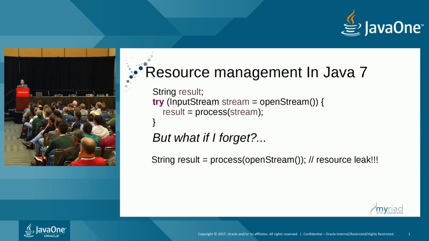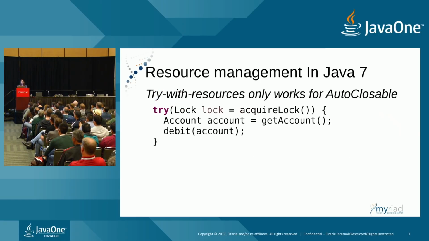And it's a poor API that lets people make mistakes. So let's look, that's not good. And there's actually another problem too, which is that this whole language feature that was introduced only works if you implement AutoCloseable.